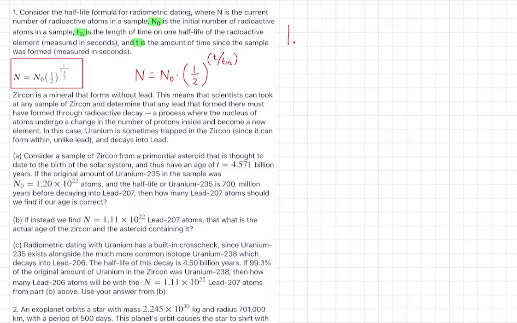Then there's some background about why zircon is particularly important for the study of dating rocks and specifically using uranium, which can exist in zircon and will become lead, lead not existing in zircon to begin with. So we got this very particular system.